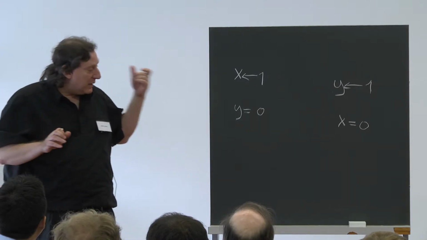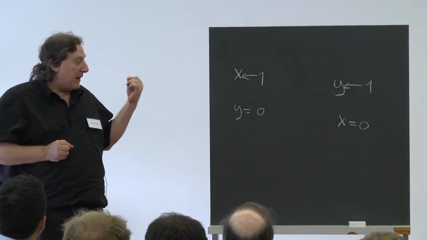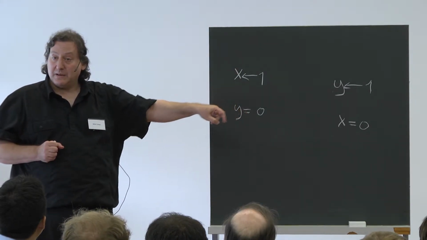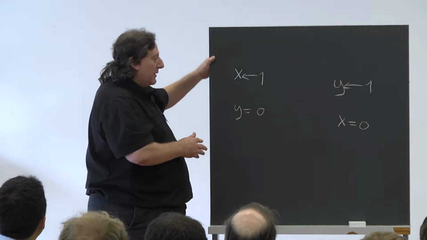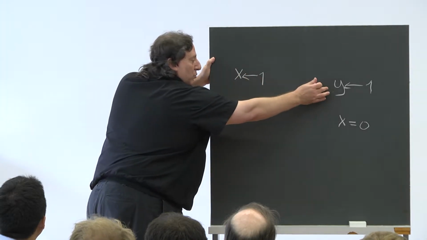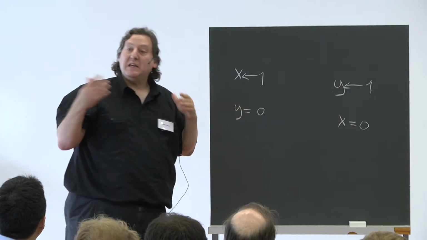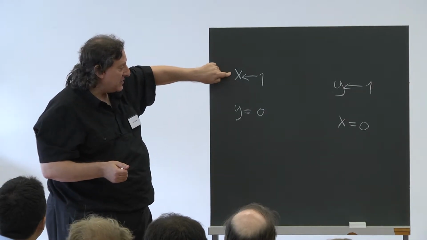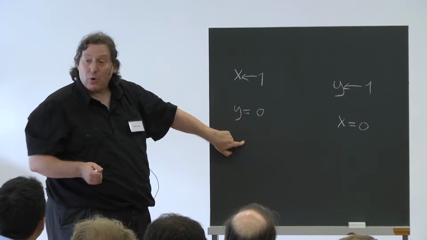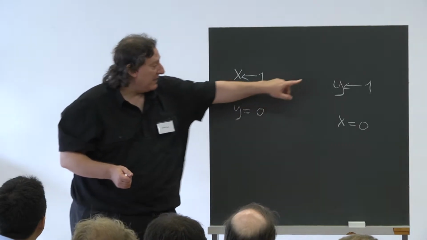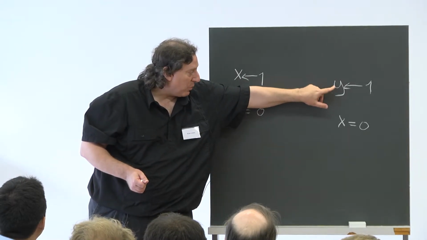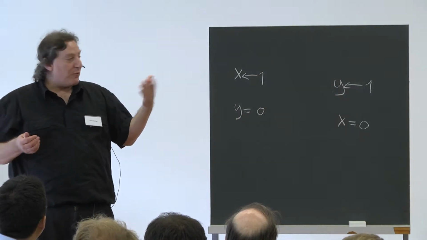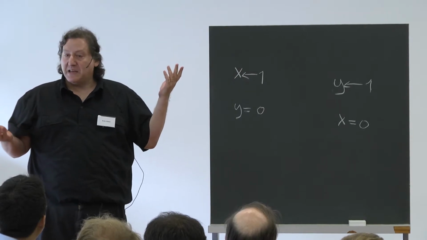In weak memory models, typically something like this can complete, because these writes don't have to be seen in the same order in every thread. So this thread would see its write here and maybe Y's write there, and this thread would see the write to Y here and the write to X there. For example, this can happen on an x86.